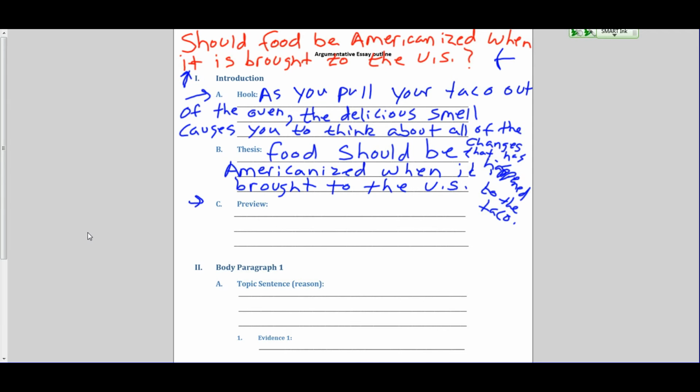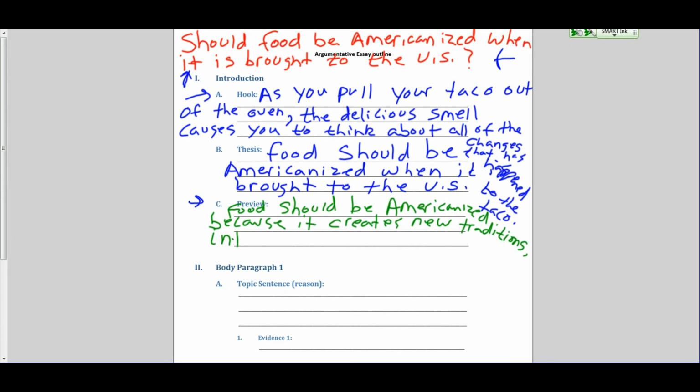So my preview is going to be food should be Americanized because it creates new traditions. Introduces us to new cultures.